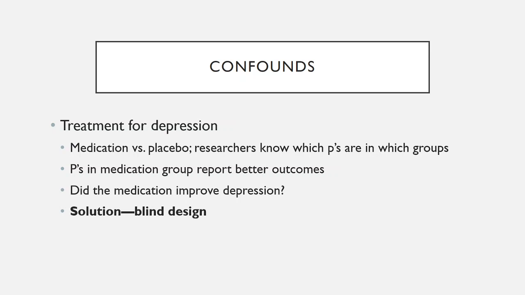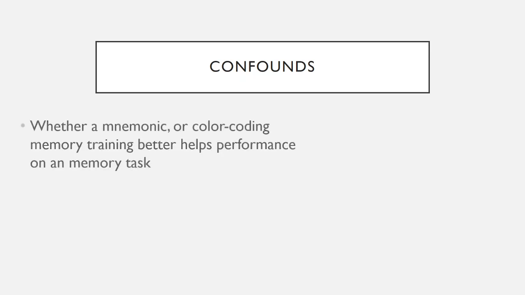I want an actual effective treatment. So, in order to actually identify the effect of the medication versus the belief about receiving treatment, I need to institute a blind design. Whether it's a single blind or double blind, I want to reduce the effect of knowledge of the condition on the results that I get.